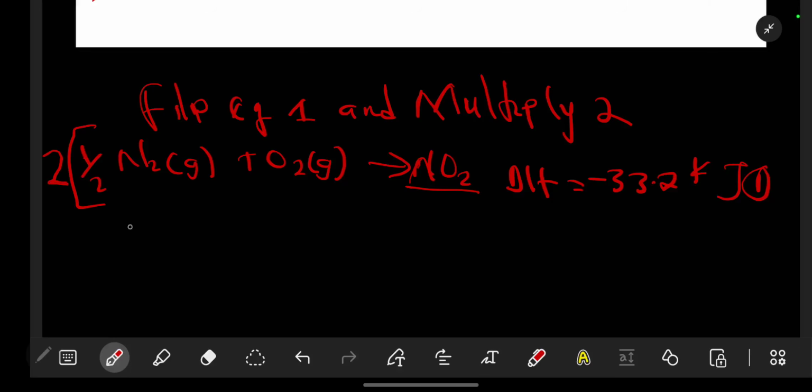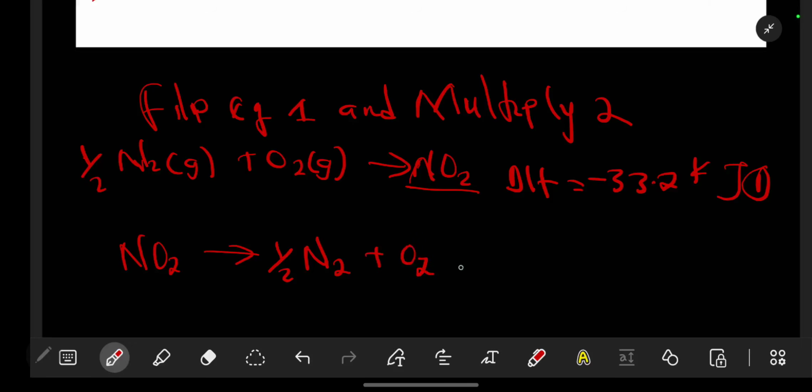But before that, let's flip this equation. Flipping this equation means it will be NO2 to produce half of N2 plus our O2. Then the change in enthalpy, instead of negative, will be positive 33.2 kilojoules like that.